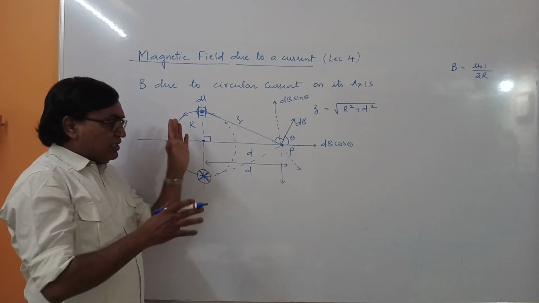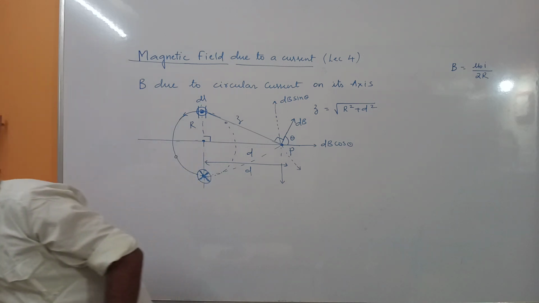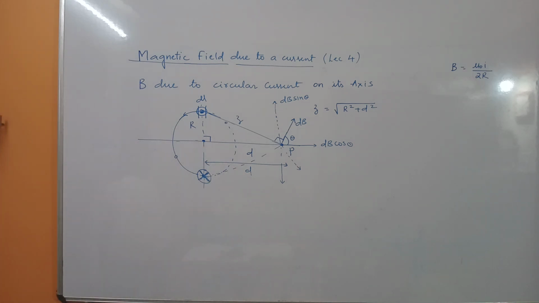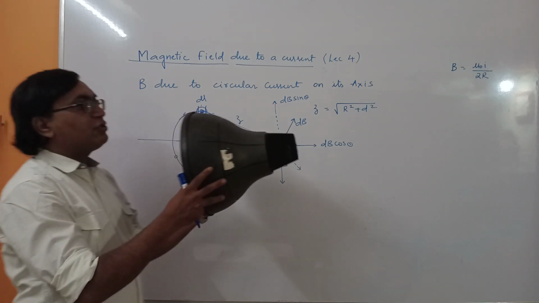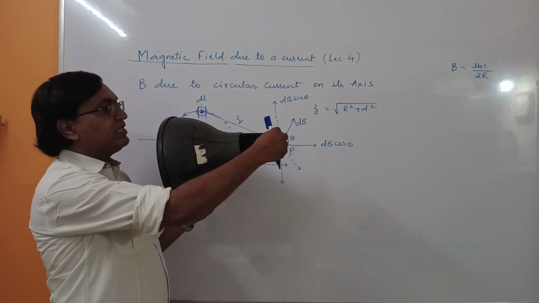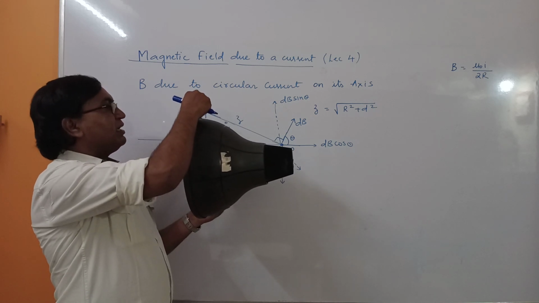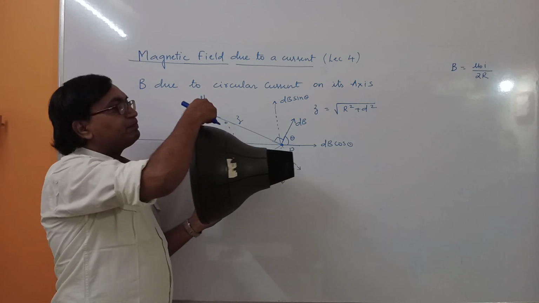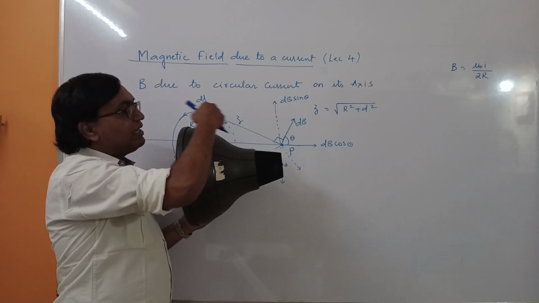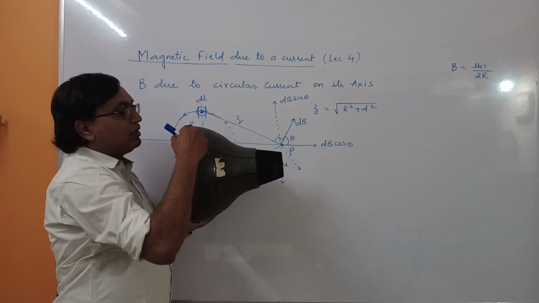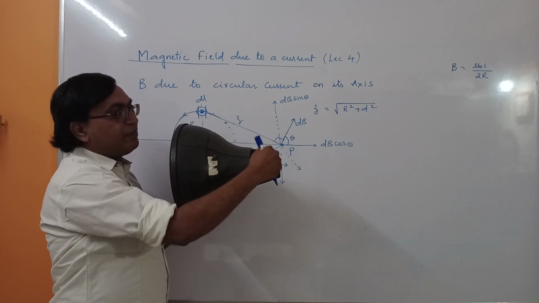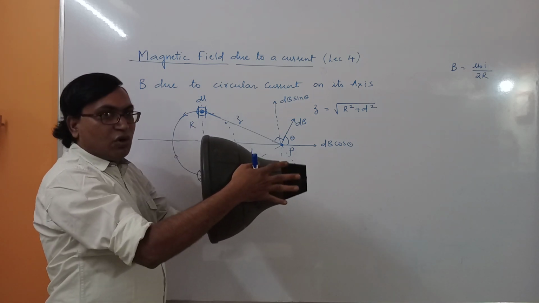Suppose you consider this circular loop like this, and this is the axis. If I take an element here and join this element with point P, then take another element here and join with point P, this will form a cone.